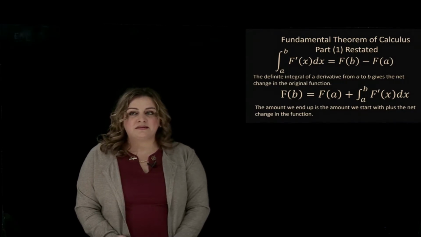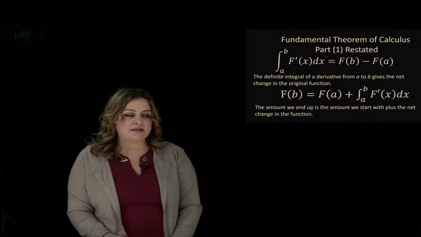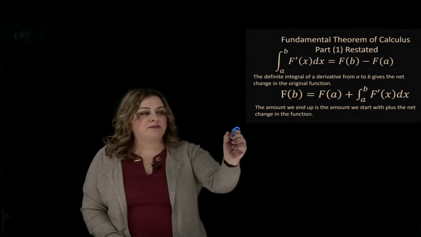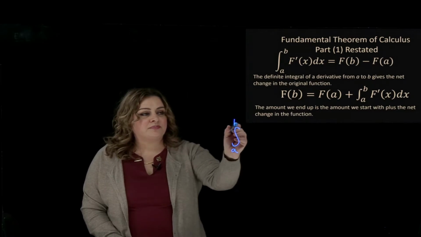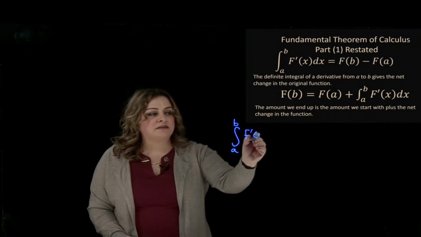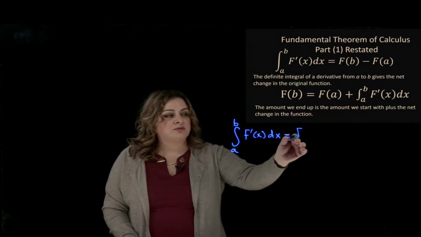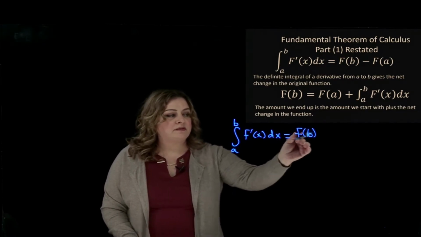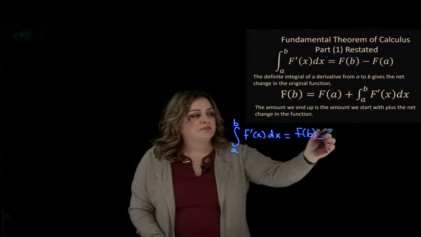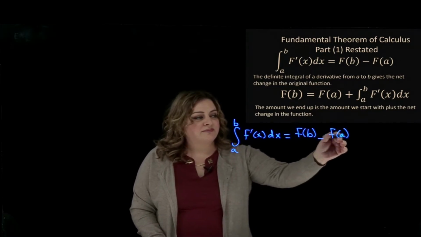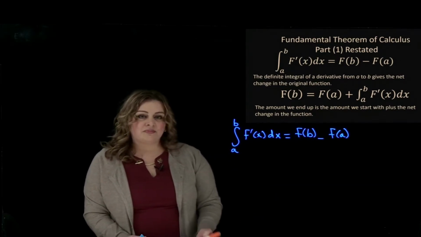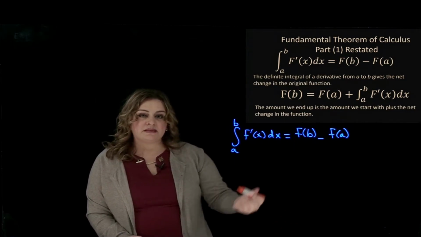We will start with the fundamental theorem of calculus part 1, which is the integral from a to b of big F prime of x dx equals big F of b minus big F of a. We want big F of b by itself.